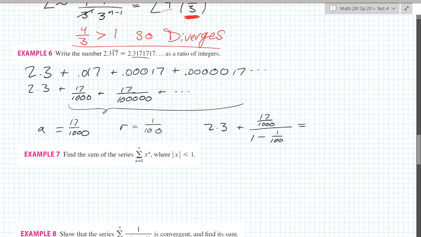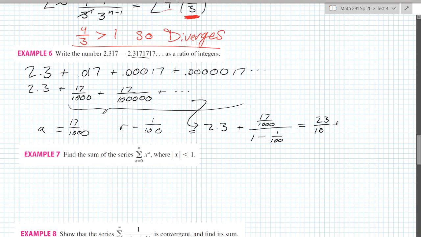We can write the 2.3 as a fraction because the goal is to write it as a ratio of integers, so fractions. 23 over 10 for that first part. Plus, if we want to write this next part as a fraction, you can get a common denominator, do a little bit of algebra here.